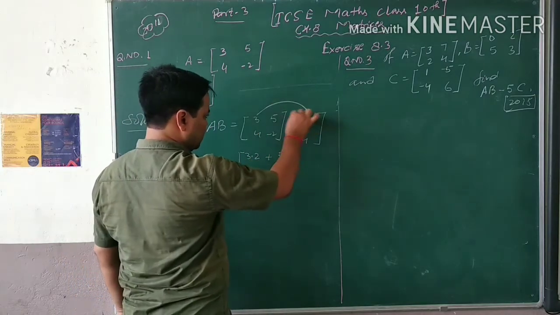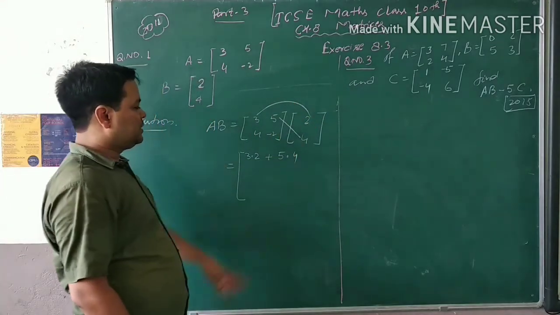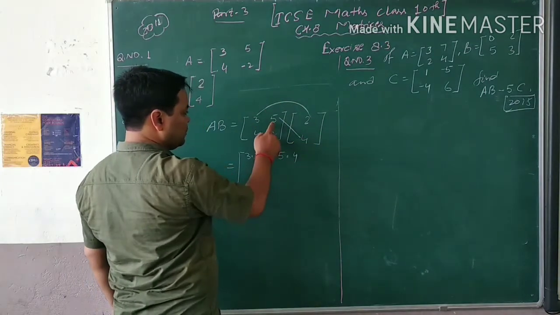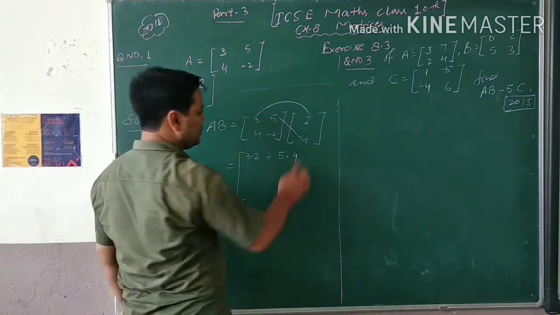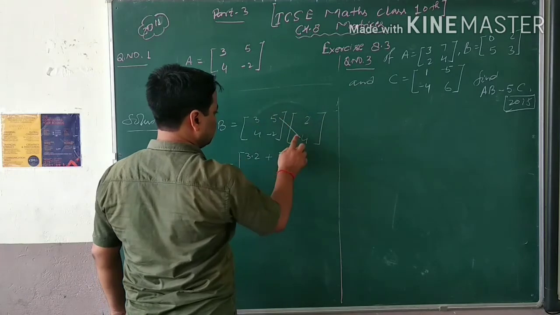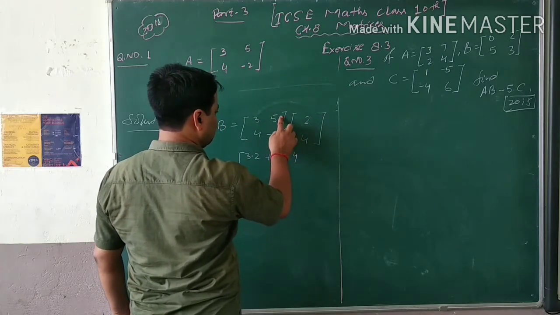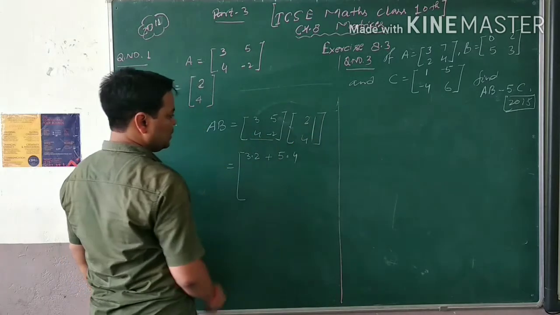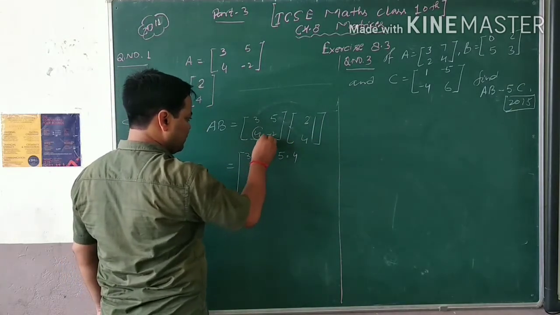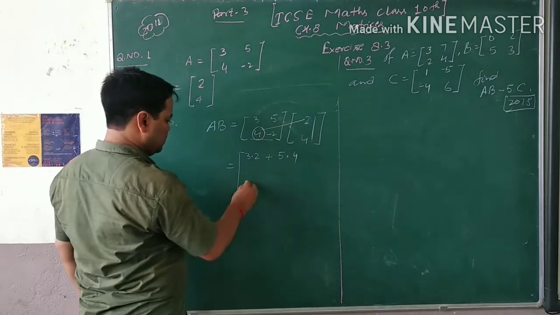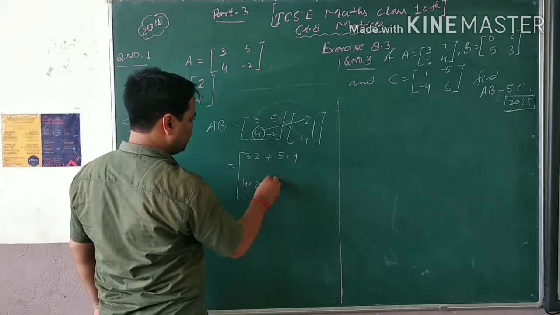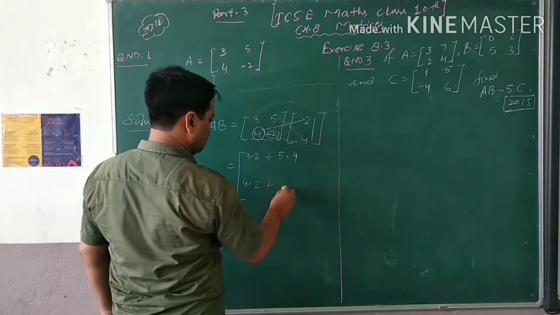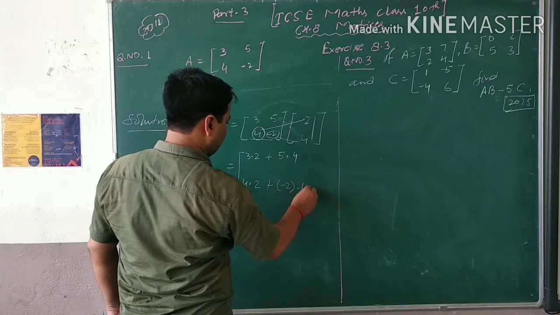This is multiplied with this and this with this, and then the plus sign. Then we take the second row and first column: 4 into 2 plus minus 2 into 4.